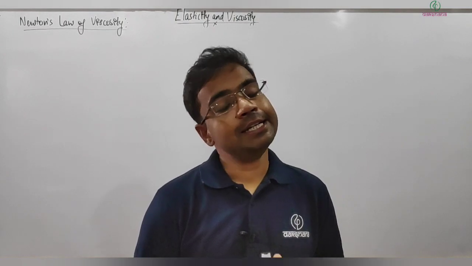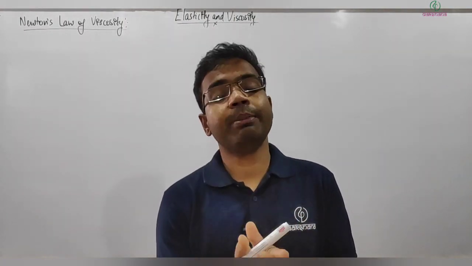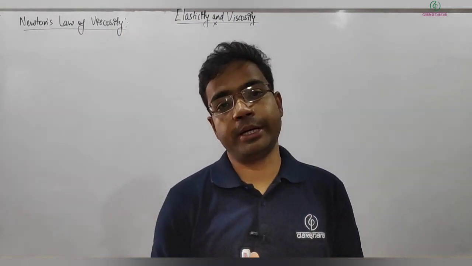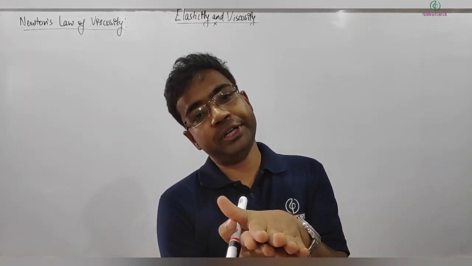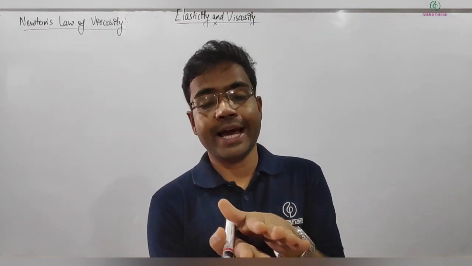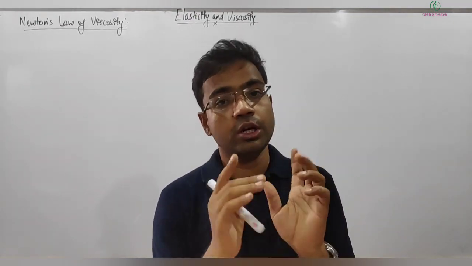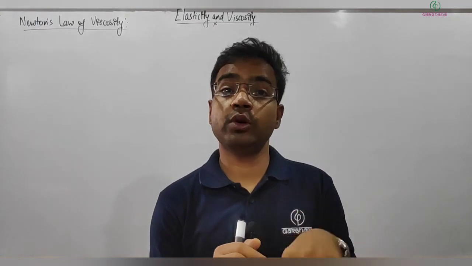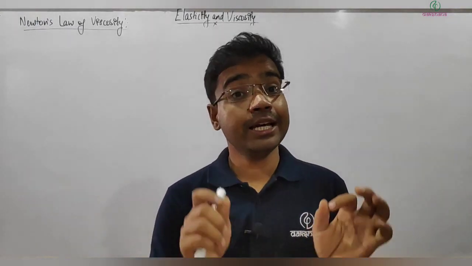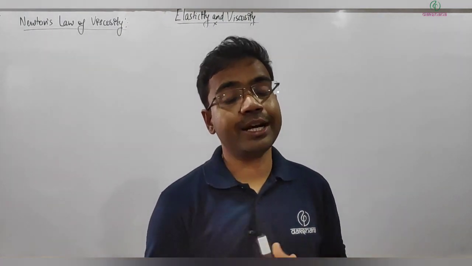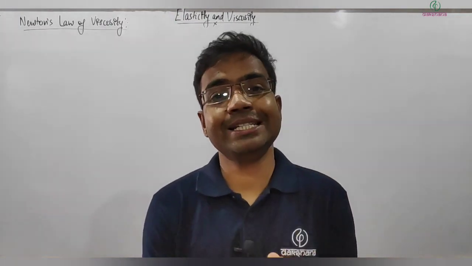Similarly, when fluid particles move relative to another particle, which we define in terms of layers, when one layer of fluid moves relative to the other layer, these fluid layers also have a property to oppose their relative motion. One layer of fluid opposes the relative motion of the other layer, and this property we define as viscosity.